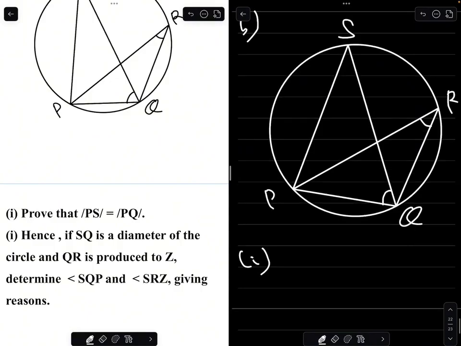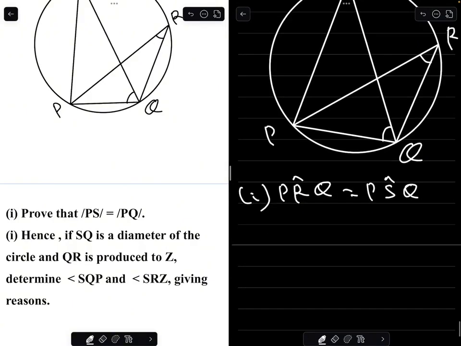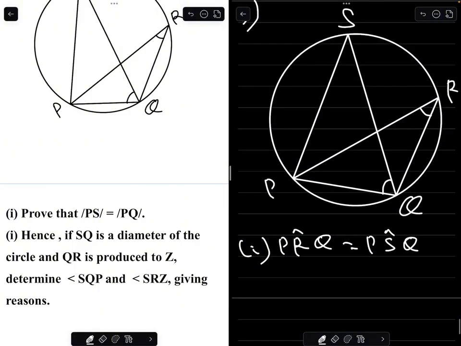First of all, I can see that angle PSQ is equal to angle PRQ. And the reason for that is angles in the same segment. Angle PRQ equals angle PSQ.